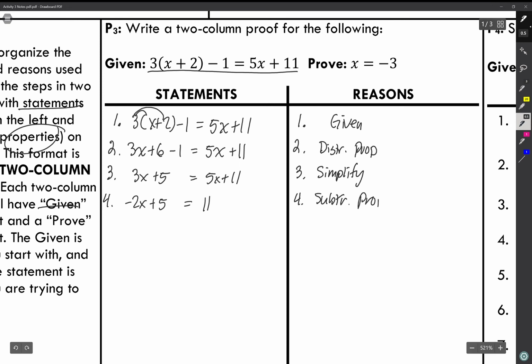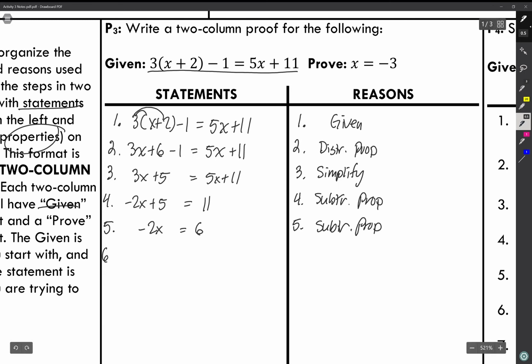Okay, so now let's get rid of this 5 on this side. So if we subtract 5 from both sides, we'll be left with negative 2x is equal to 6, right? So this is again by the subtraction property, because we subtracted 5 from both sides.